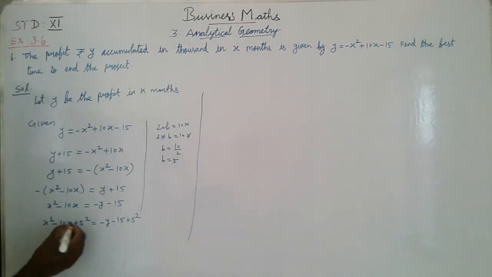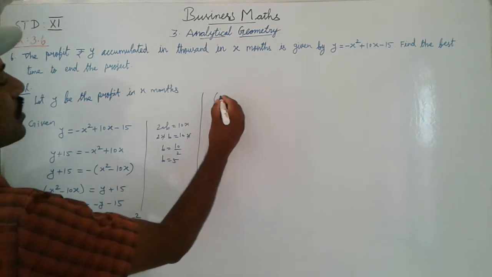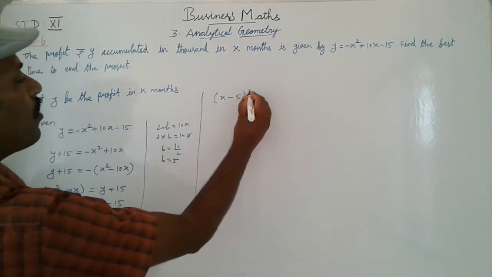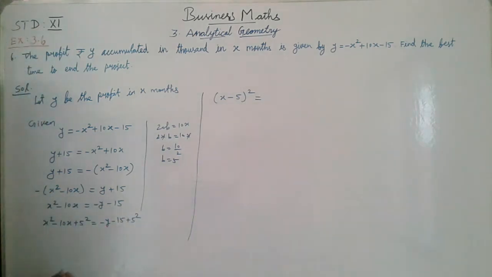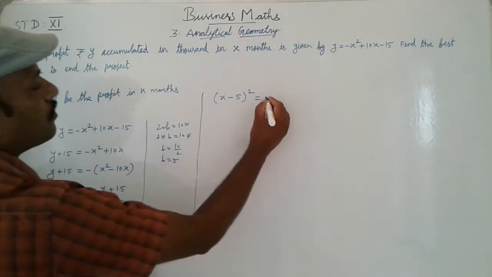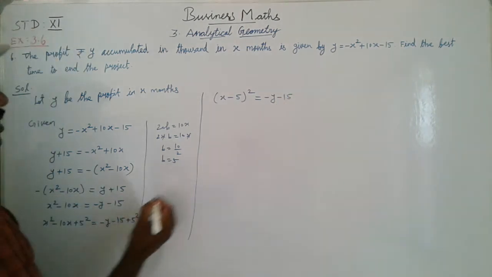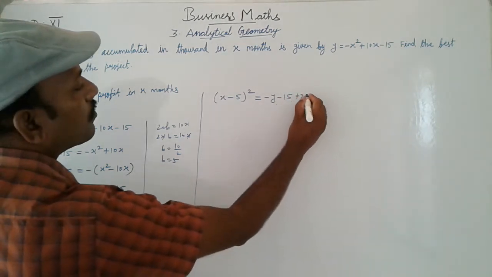So this is the a square minus 2ab plus b square form, a minus b whole square. Here a is x and b is 5: x minus 5 whole square equal to minus y minus 15 plus 25, since 5 square is 25.